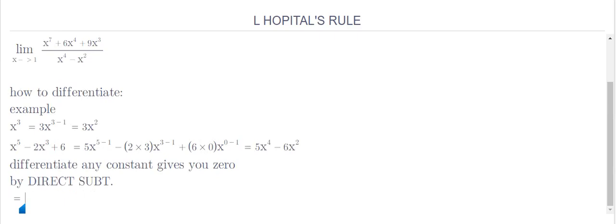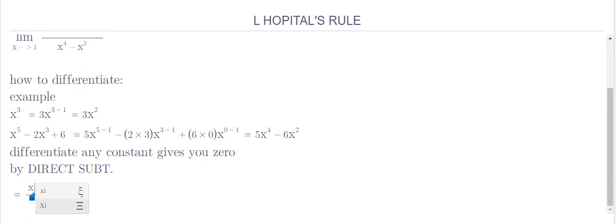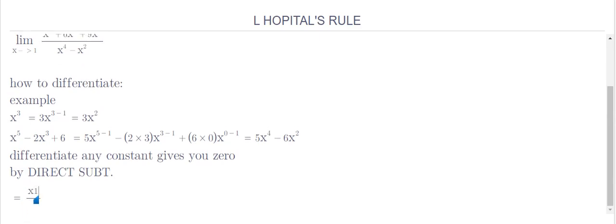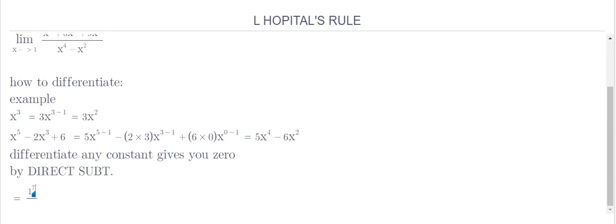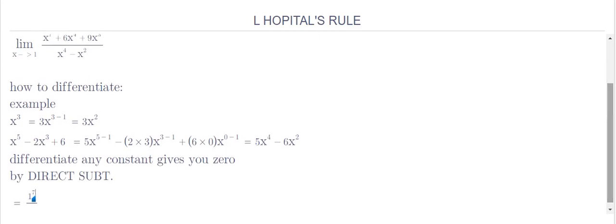Our function here is the limit as x tends to 1 of x to the power 7, so directly substitute 1 where you have x. So it means that we are going to have 1 raised to the power 7. Oh, let me write this down here.